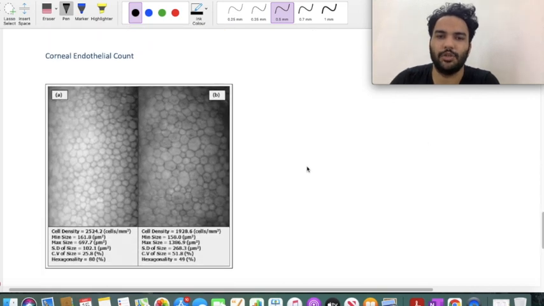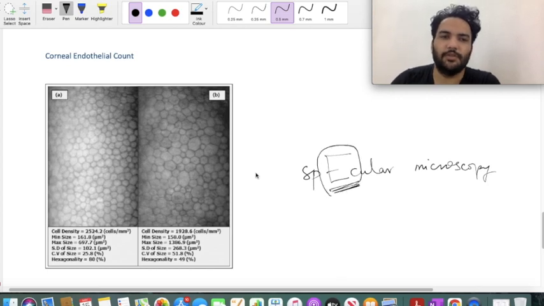Last is the specular microscopy. What specular microscopy does is count the endothelial cells. This is how the endothelial cells look.